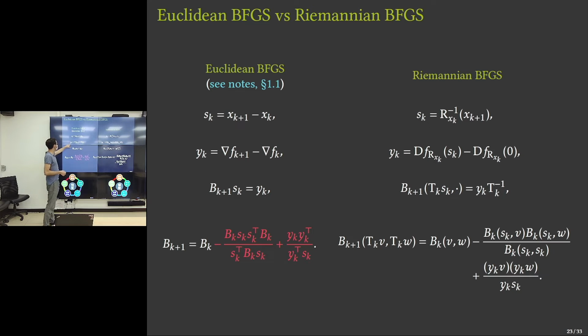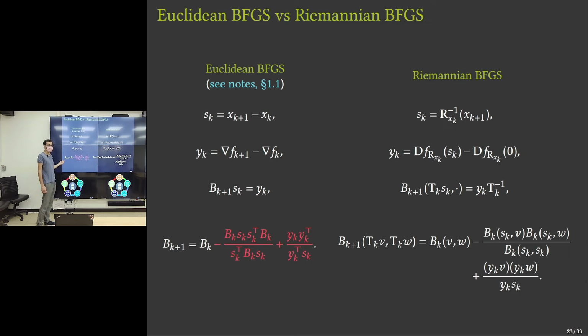And yk is the difference of Euclidean gradients in this case, and here it is the difference of the differentials of the lifted objective function. This is the so-called second condition in the standard algorithm. And this is the second condition in the Riemannian version, with transporters and inverse transporters involved.